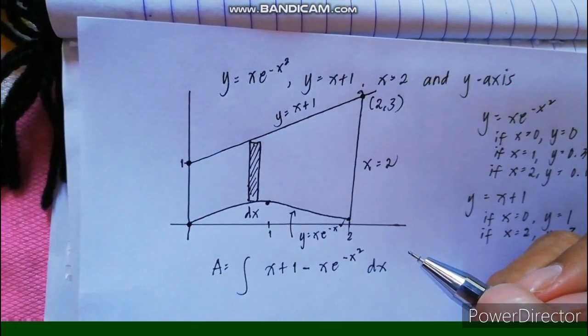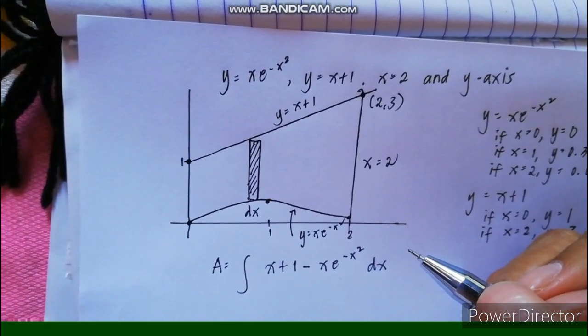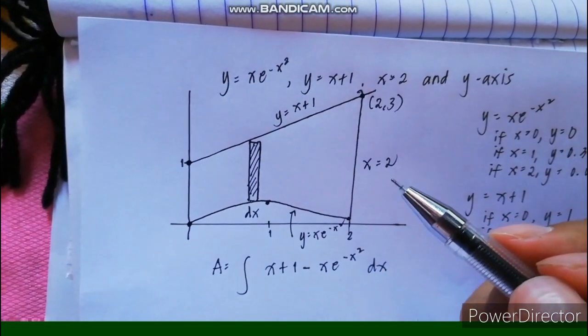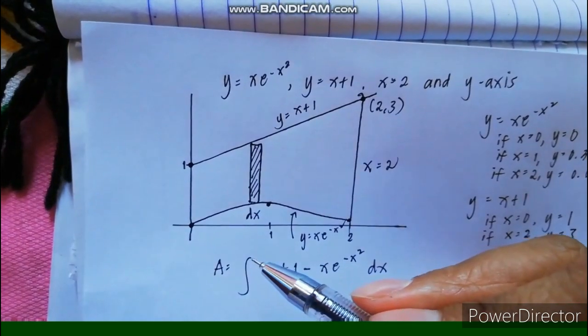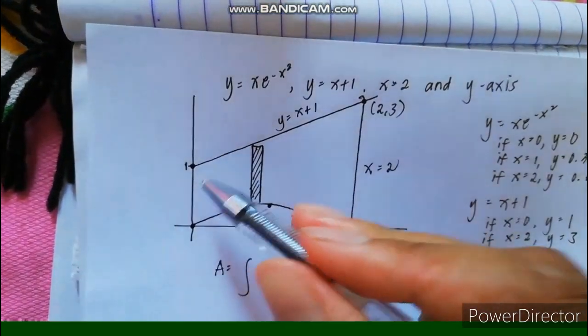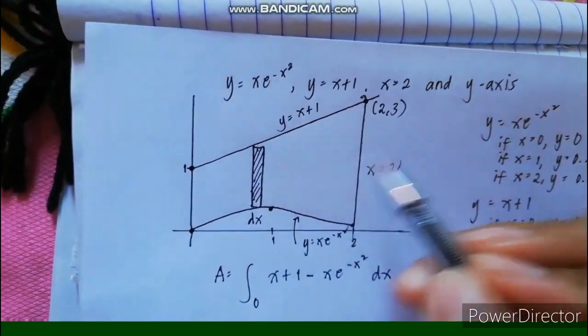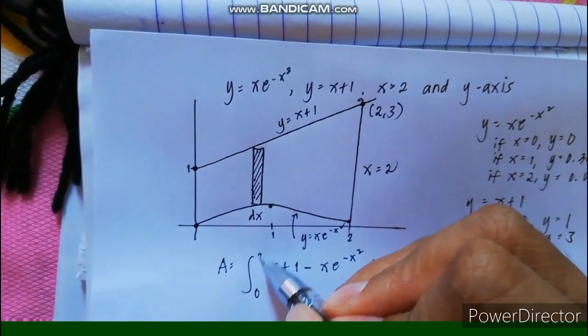So the limits must be x, and since it is bounded by the y-axis and x is equal to 2, the limit would be x is equal to 0 and x equal to 2.